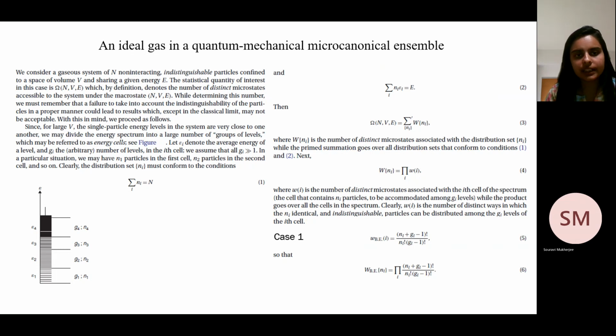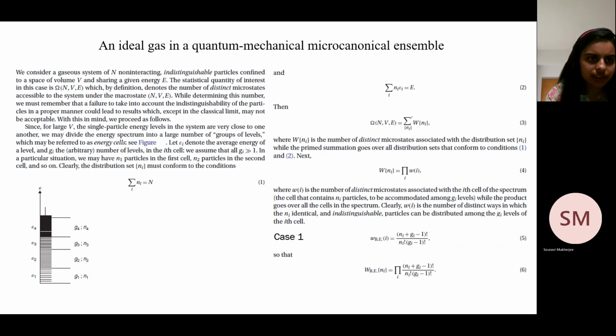We saw that when the particles are indistinguishable, the numbering does not matter, so changing the numbering or the position of the particles doesn't change your microstate. In the case of distinguishable particles, you have different ways of arranging them, since the numbering or positioning matters, so the number of microstates would be different. So you have this weight factor that comes in under these conditions.